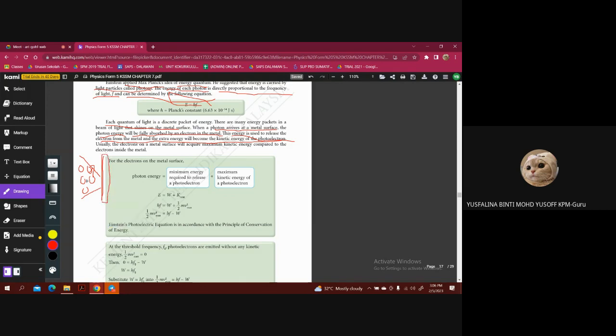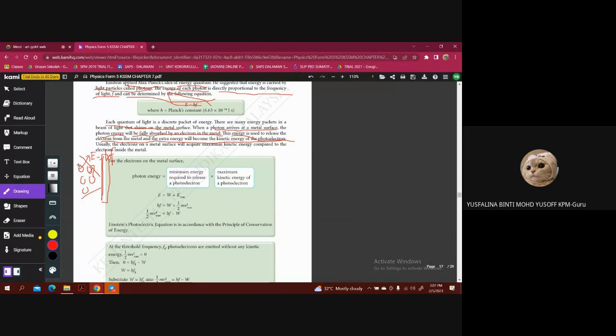This is a packet of energy that we call a photon, and we can find the energy of this packet by using E equals hf. But if there are 5 packets, you need to use 5 times hf. That is the total energy.